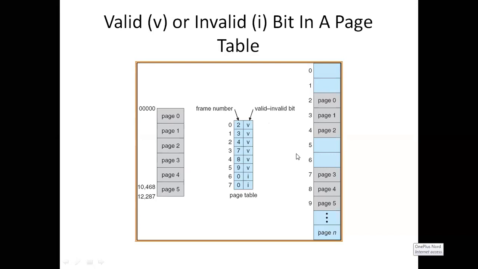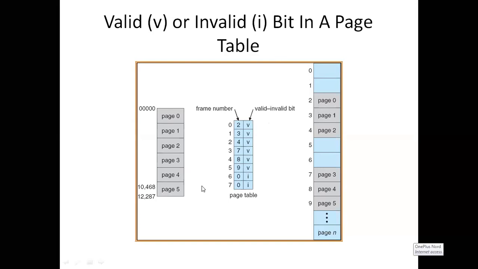If the page is not available in the frame, then it will be indicated by I. That means invalid. That means the page is not in the frame. Okay.